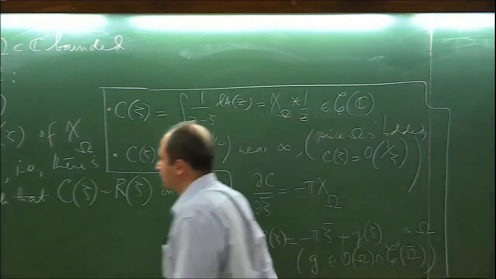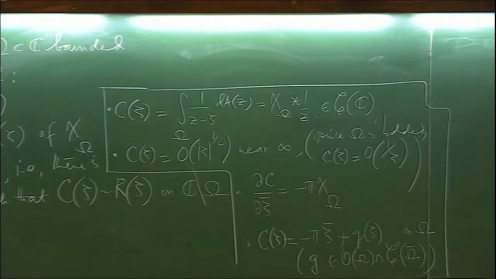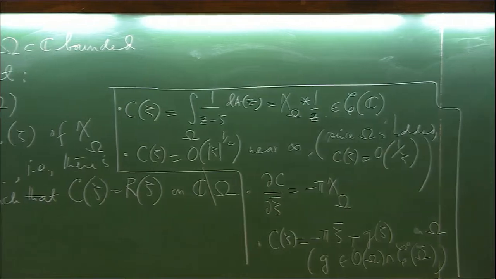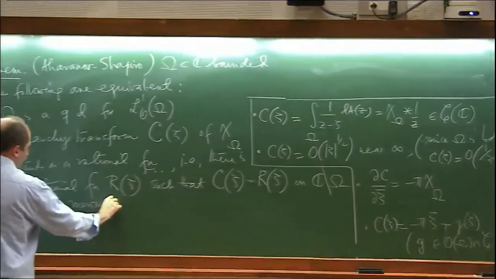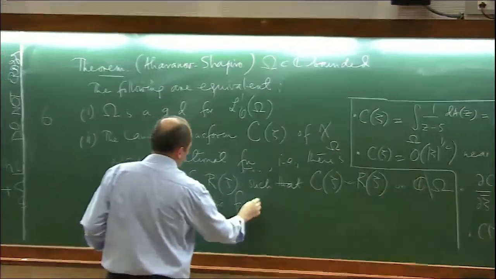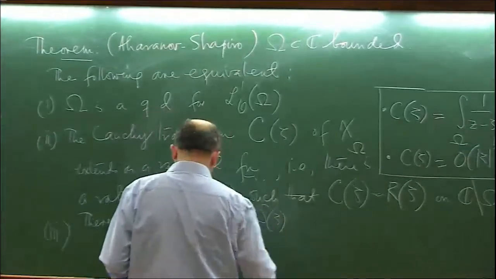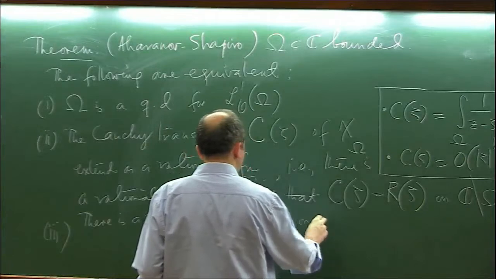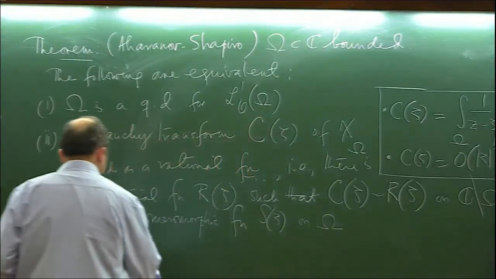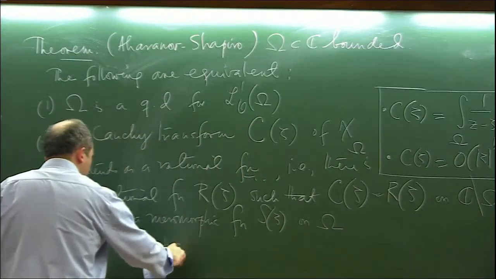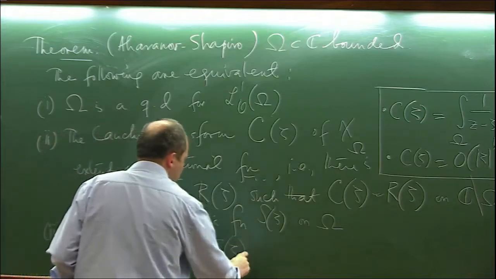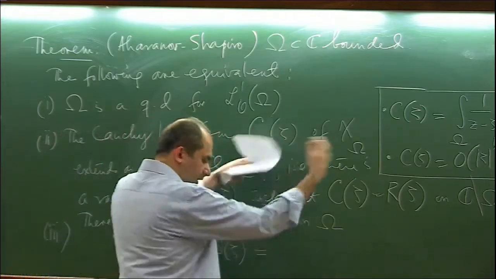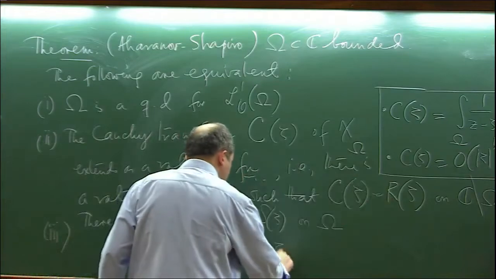So, coming back to this theorem from the little digression last time, the last part of the theorem says that there is a meromorphic function S of zeta on omega, such that S extends continuously to the boundary and it equals zeta bar there.